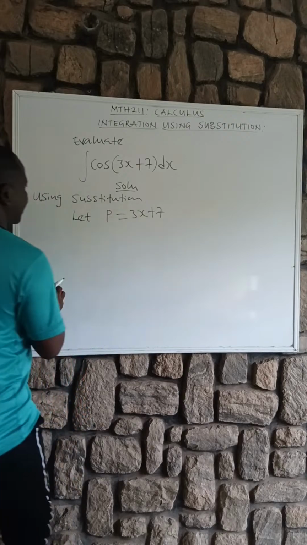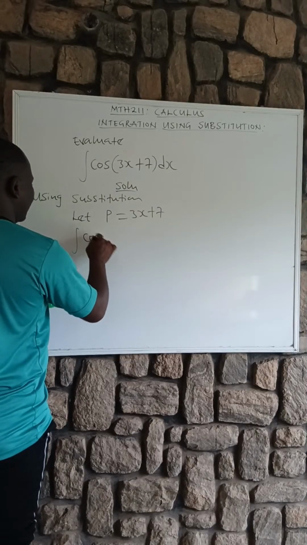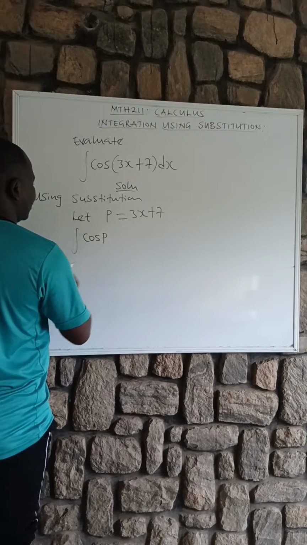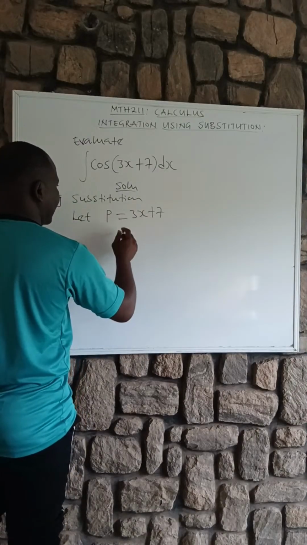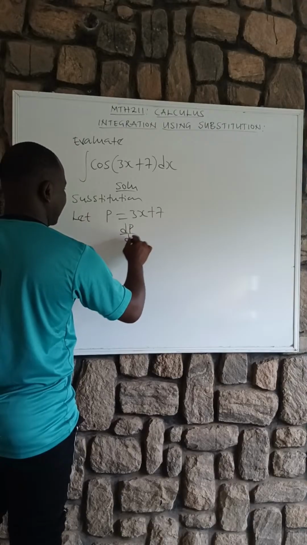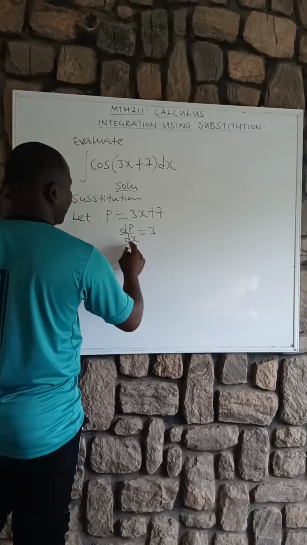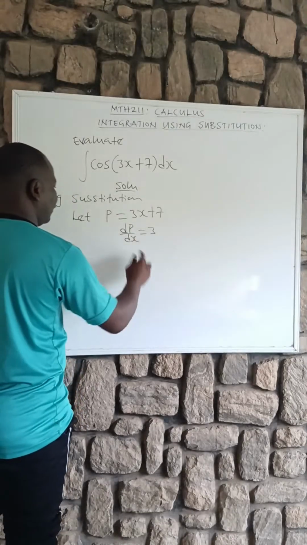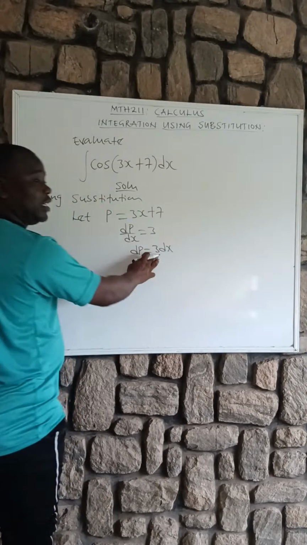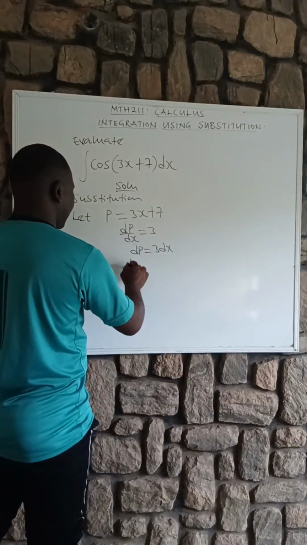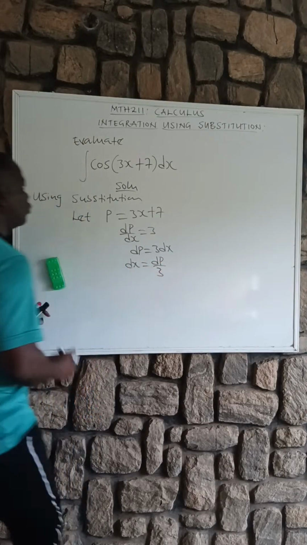Here we have the integral of cos P. But we have to differentiate this function with respect to x. So dp over dx gives us 3. Now we make dx the subject of the formula. So dp will be equal to 3 dx. If we divide through by 3, dx will be dp over 3. True or false?